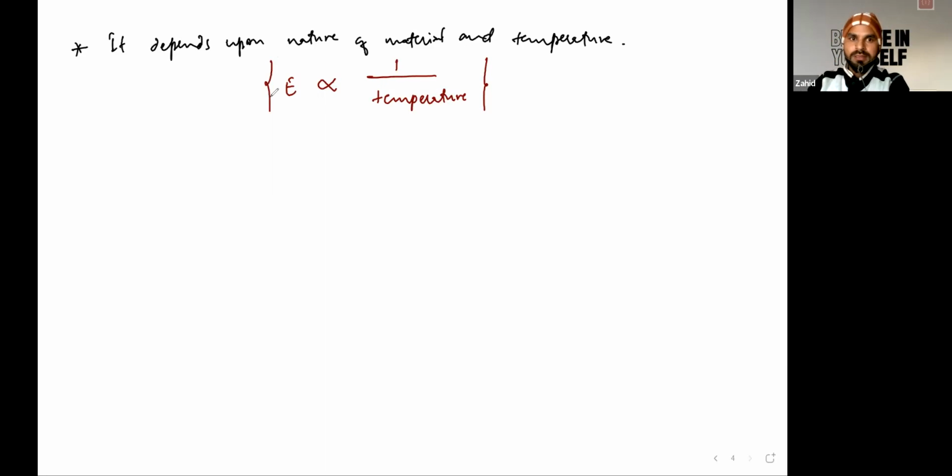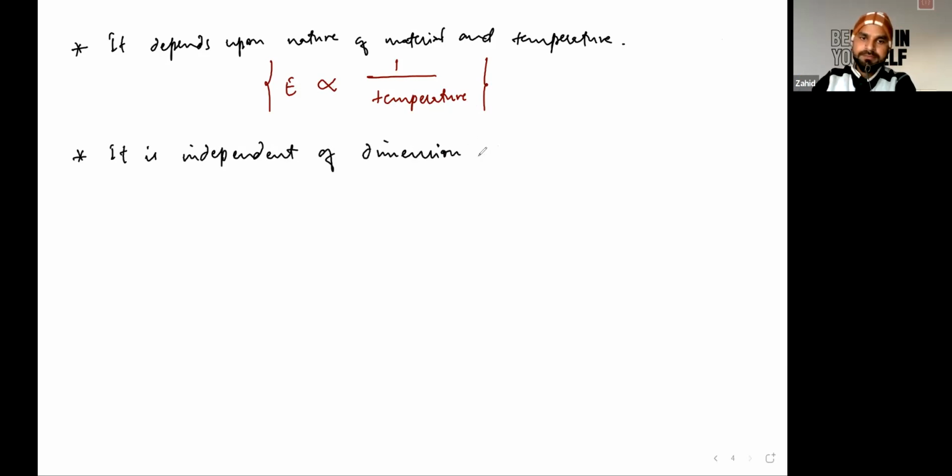So you may be asked, how will modulus of elasticity change with change in temperature? So just remember, it will be inversely proportional to temperature. Is it clear? Yes, sir. And next, it is independent of dimension of body: length, radius, area, and so on.